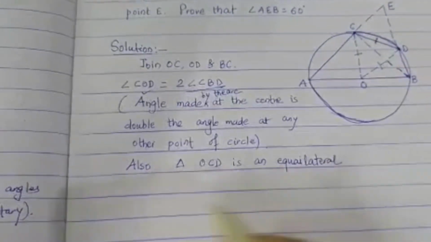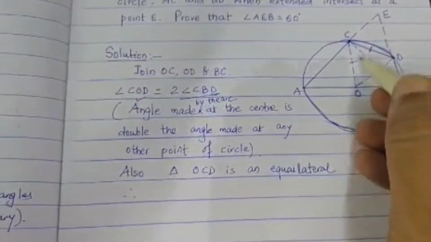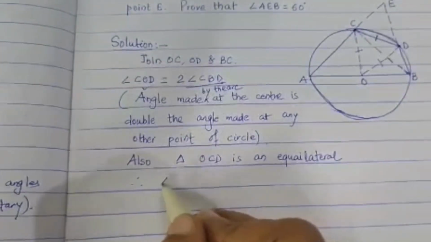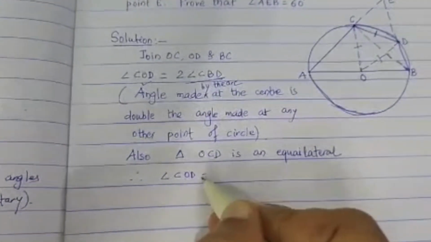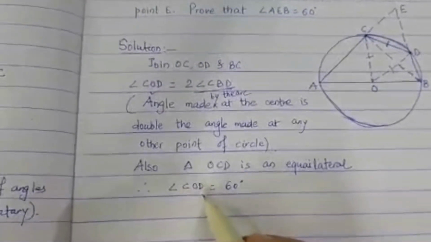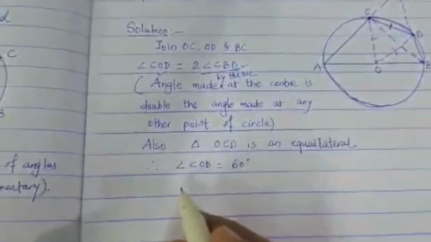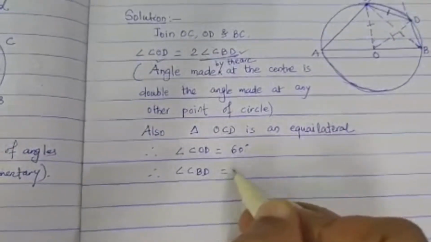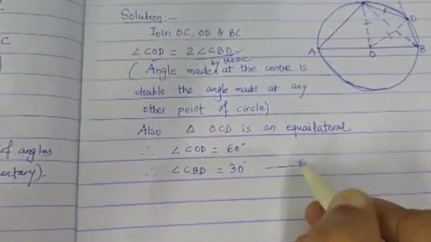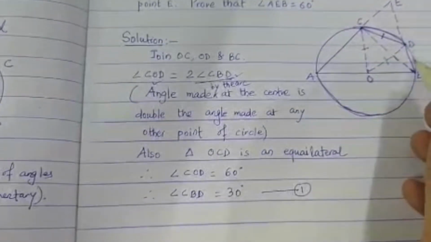Therefore each angle is equal to 60 degrees. So angle COD is equal to 60 degrees. Now COD equal to 60 degrees means angle CBD is equal to 30 degrees.